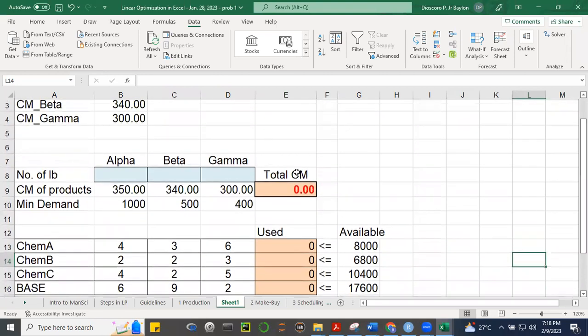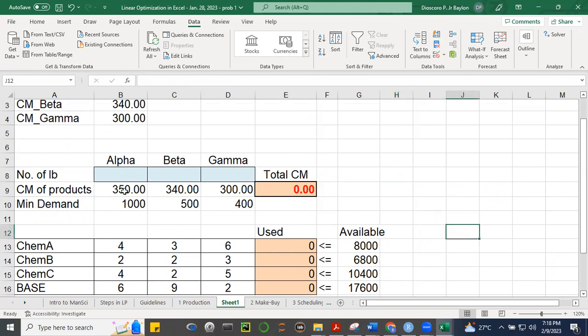Okay, so we have placed here our decision variables, and then there has to be one cell for your objective function. Your objective function in our case consists of the sum of the contribution margins for alpha, beta, and gamma.